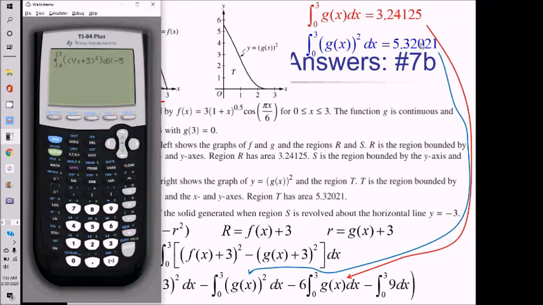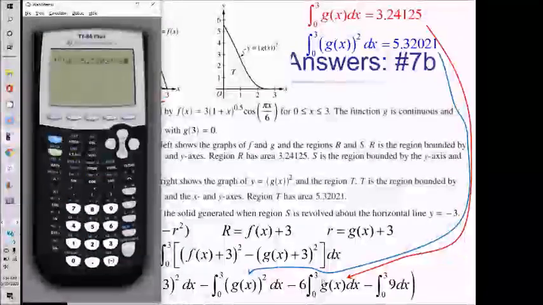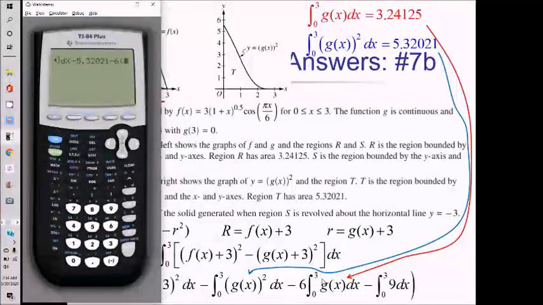Minus 5.32021. Got to enter this carefully. Next, we're subtracting 6 times the integral from 0 to 3 of g of x. So we're going to be doing minus 6 times. And we said g of x, that was 3.24125. So let me put that in there.